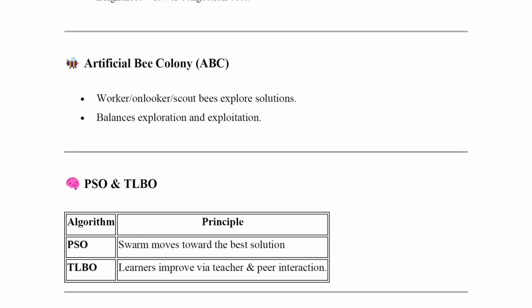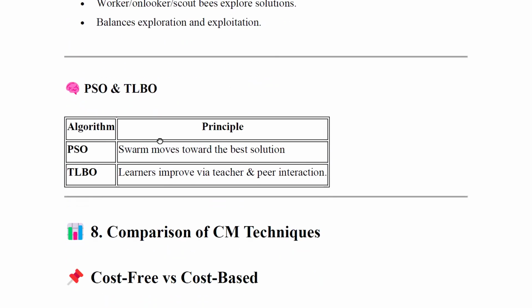You can utilize this algorithm to search optimally for food, that means honey or nectar, along the optimal path. It will always follow the optimal path. Based on that, you can also solve the optimal power flow problem. Next comes particle swarm optimization and teacher learning based optimization.